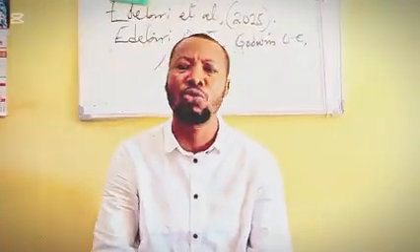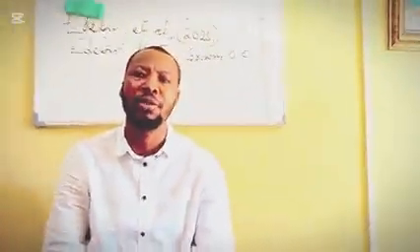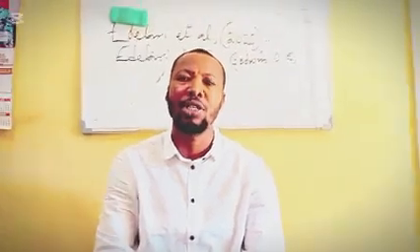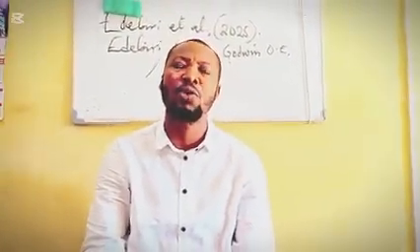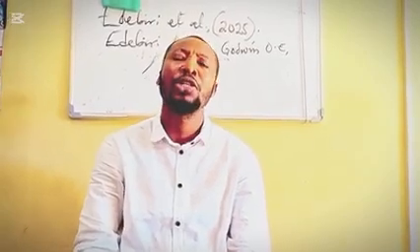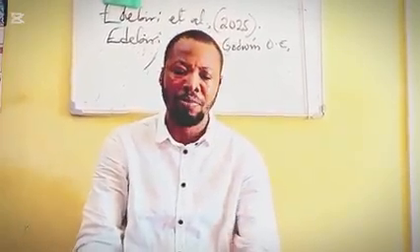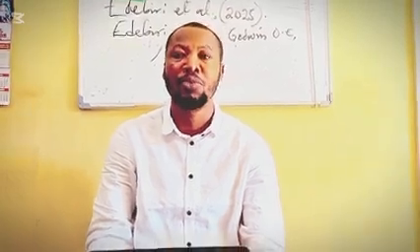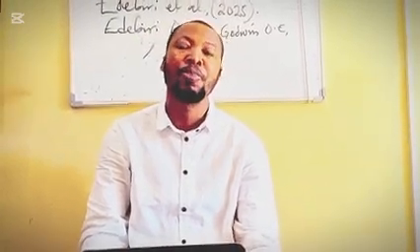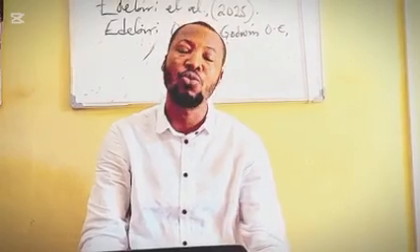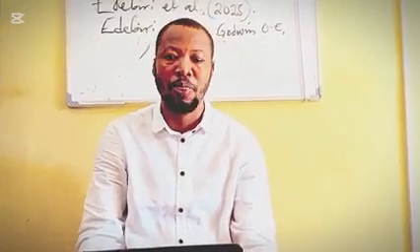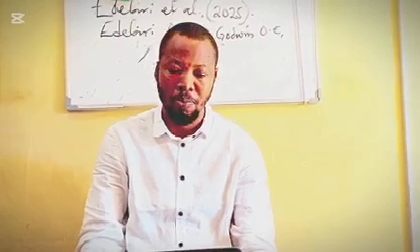I want to take us through the topic of the cardiovascular system, specifically the circulatory system. The circulatory system has three basic components. One, the heart. Two, the blood vessels. Three, the blood.